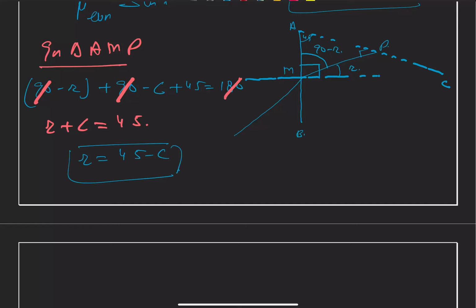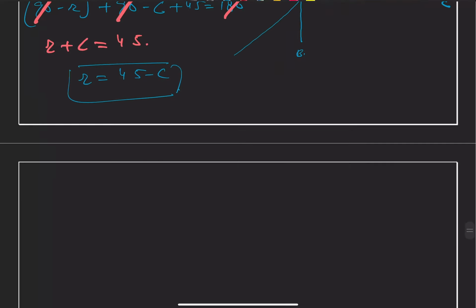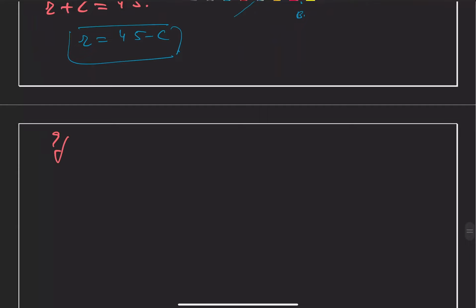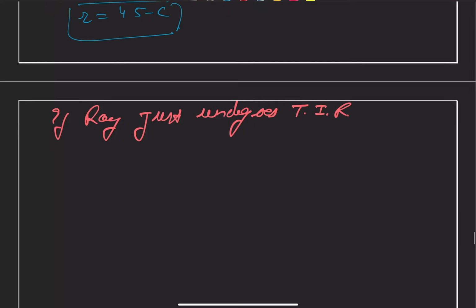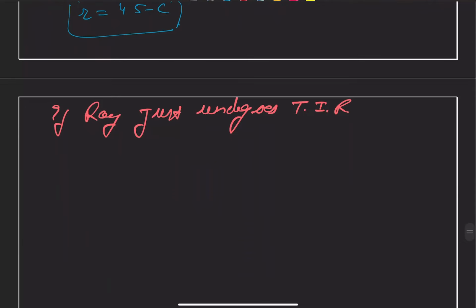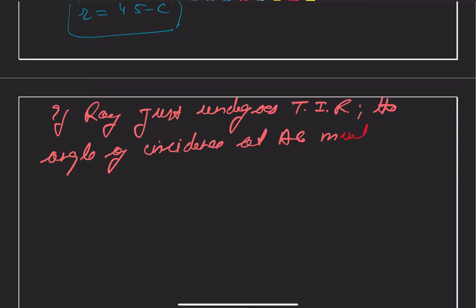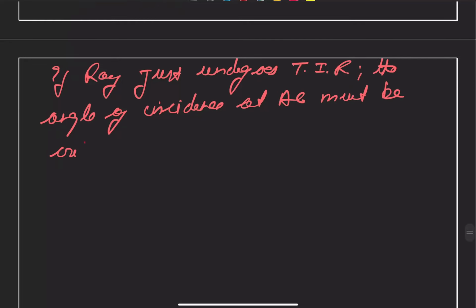And if the ray has to undergo total internal reflection, we can say if the ray just undergoes total internal reflection, the angle of incidence at AC must be the critical angle.